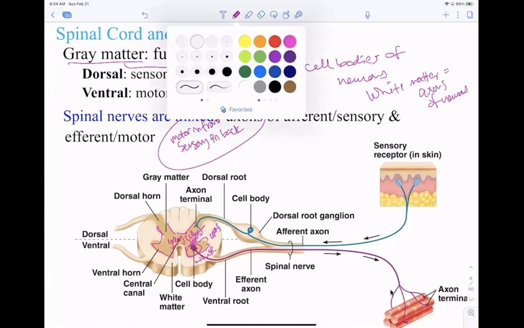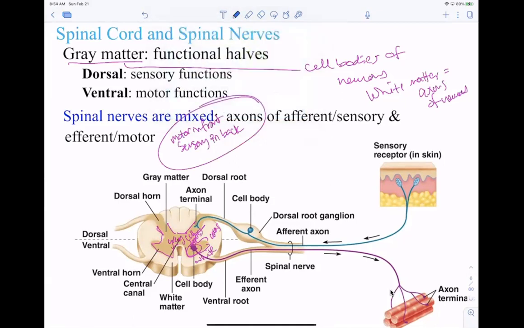And so when I say that, what I'm really saying to you is that the ventral horns are going to be motor neuron cell bodies. And the dorsal horns are going to be sensory neuron cell bodies, because it's motor in the front, sensory in the back.